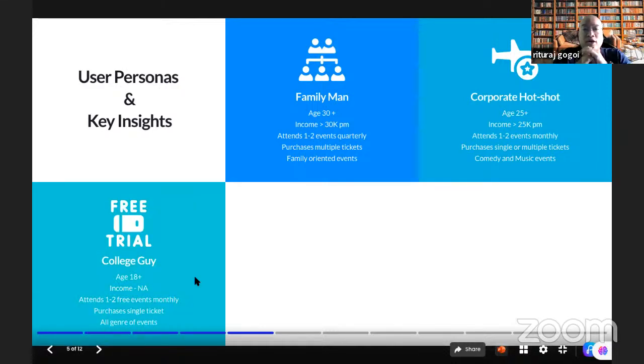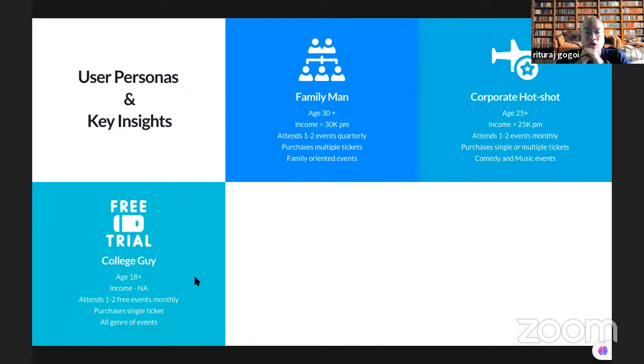The third persona that we were able to identify was that of the college guy. This persona was the youngest of the three, 18 plus, and we did not have enough data around the income for this persona. This was one of the most highly engaged personas, and they used to attend 1 to 2 free events monthly, and majorly buy single tickets only.